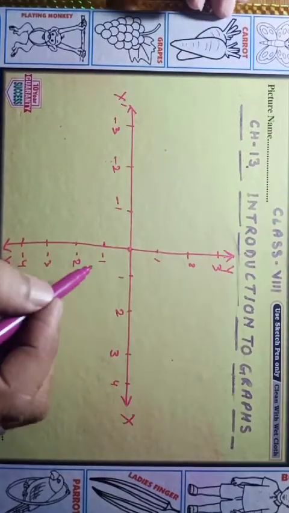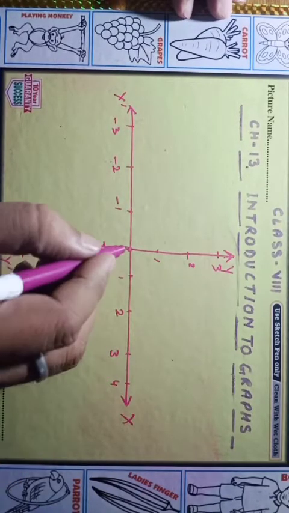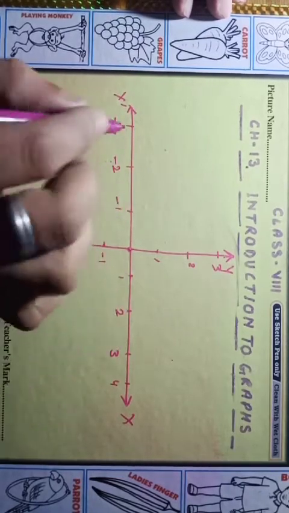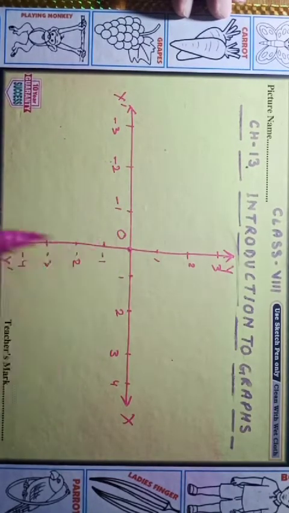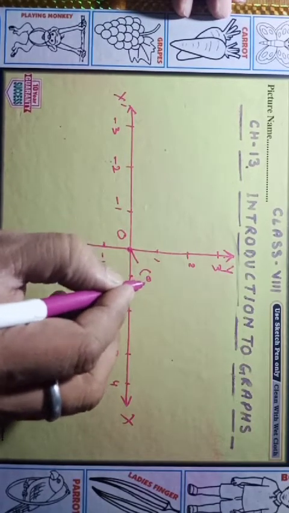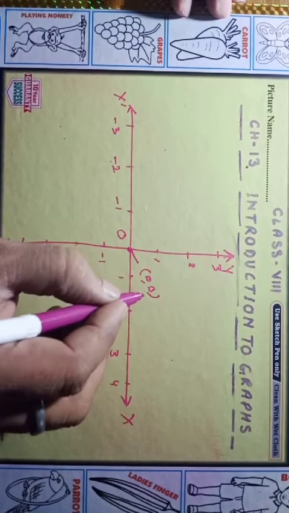Now next we see the graph: the y-axis, the x-axis, and the point where both intersect is called the origin. The coordinate of the origin is (0, 0), meaning the abscissa is 0 and the ordinate is 0.